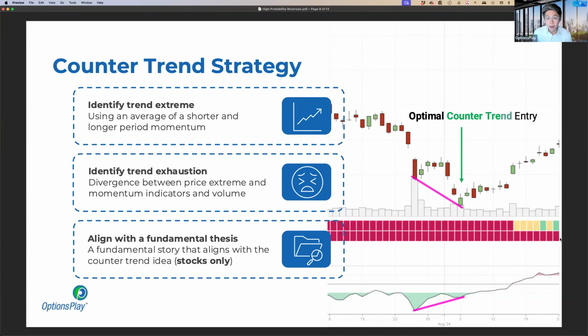And the one thing that I have worked on and optimized for the last 5 years is to use an average of 2 momentum indicators, using the same momentum indicator over 2 different time frames and averaging it out, basically creating a custom indicator that averages out 2 momentum indicators using 2 different time frames.